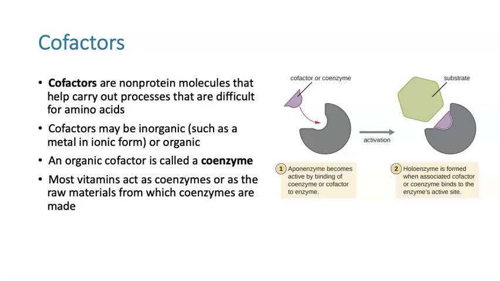And that's what is happening here with the cofactor or coenzymes. Vitamins, they're vital amines, but they actually act as coenzymes. They can also act as raw materials from which coenzymes are made. So vitamins are pretty important for staying alive because they help with our enzymes.